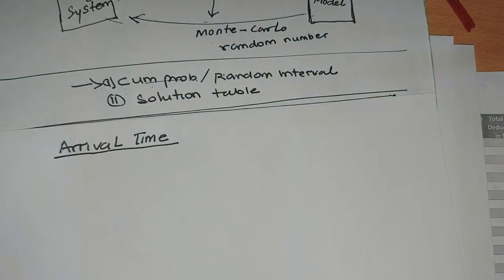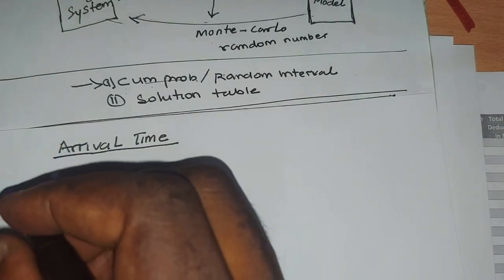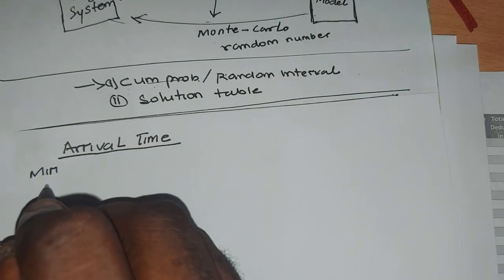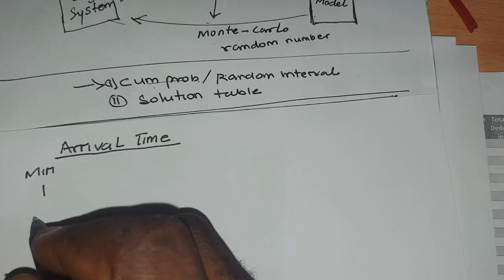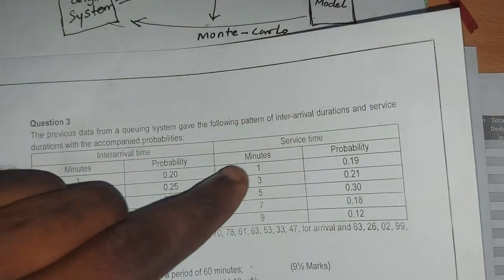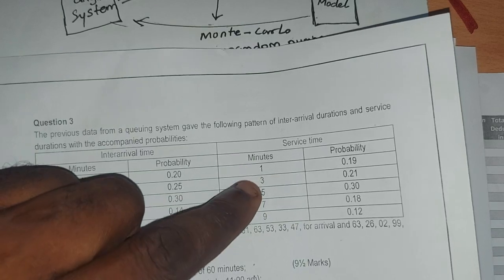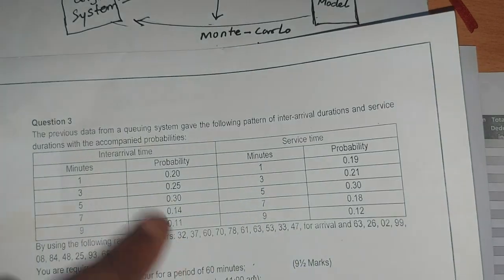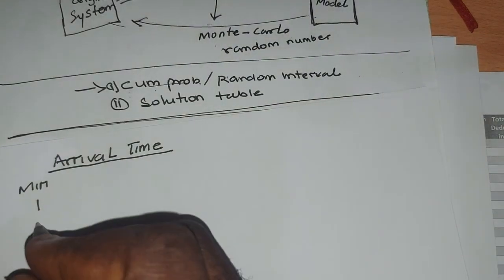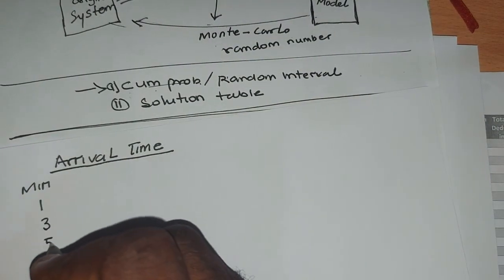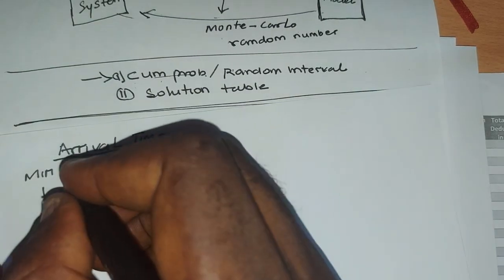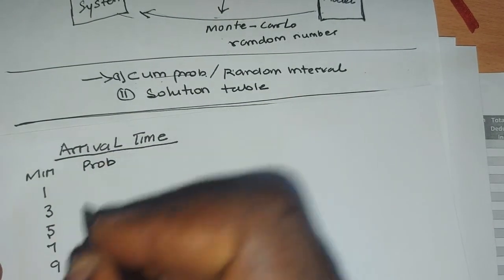For the inter-arrival time in minutes, we have 1, 3, 5, 7, and 9. For the service time, we have 1, 3, 5, 7, and 9, the same, but the probabilities are different. Then the probabilities are given.